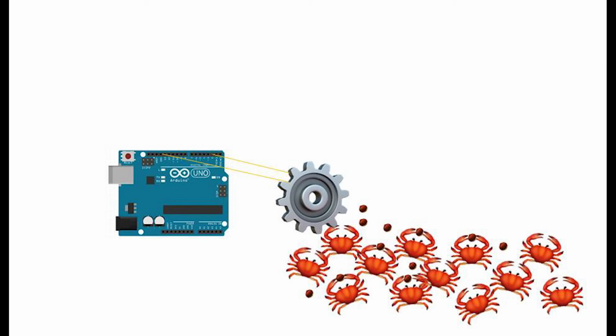Therefore, by programming the Arduino, we can control when and how much the crabs are fed. In the future, we will only need to refuel the feeding mechanism once per week, reducing the number of times student helpers have to visit the room and feed the crabs by hand.